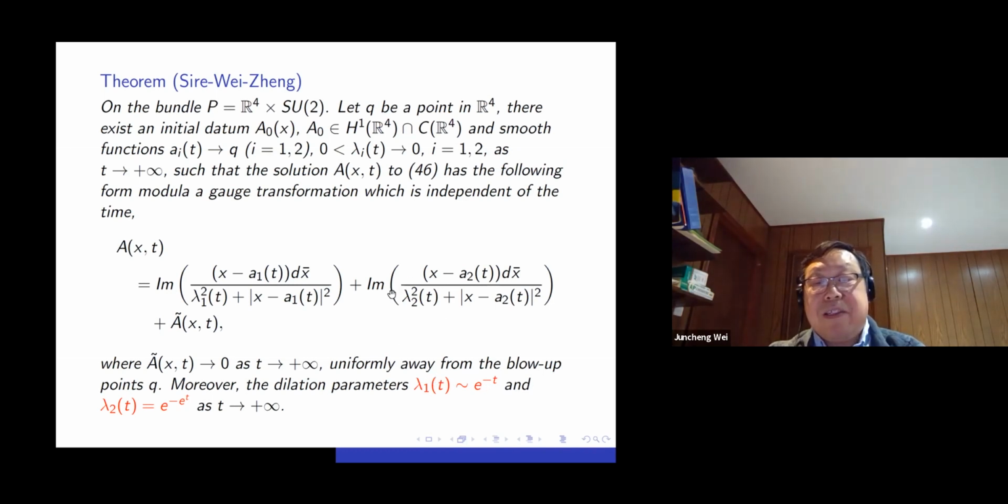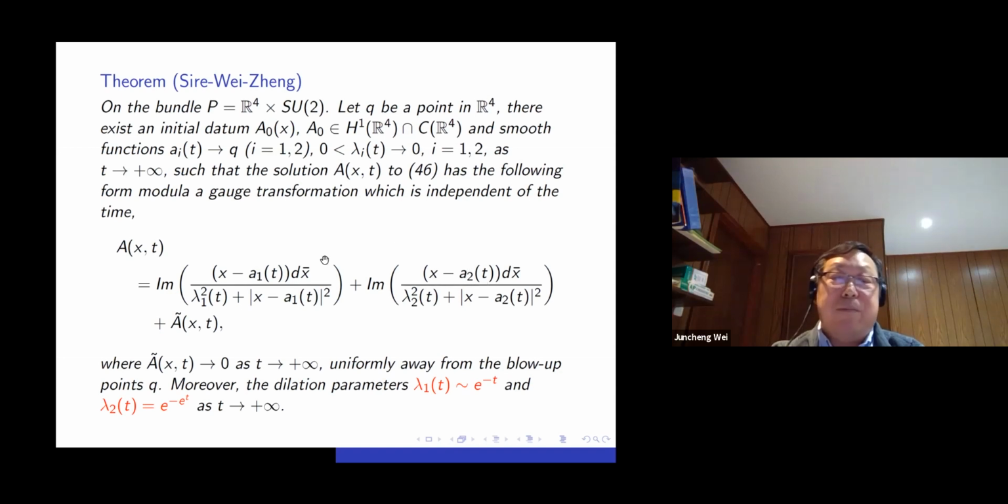But the bubble tower, the second bubble, blows up with a double exponential, and it's very, very singular, which is the growth of like exponential to the minus exponential. So it's really, and these are the singularity at infinity. So you have a bubble tower with 2 bubbles.